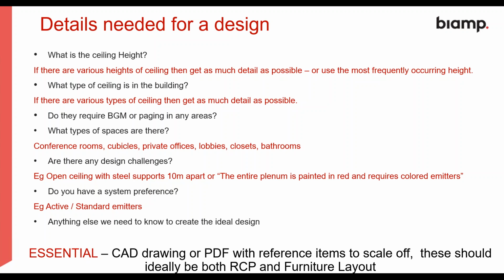However, that's not too necessary for the design, but it is moving forward. Do we want background music or paging, so we know which type of emitter to use? And we need to know what the type of spaces are, which I will show you in a short while why. And we also need to know if there is anything that we need to be aware of in the design so that we can make allowance for that.